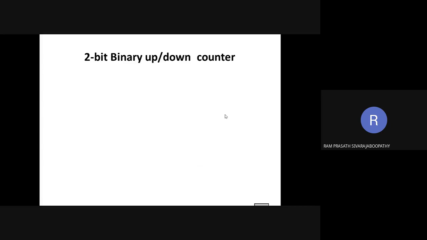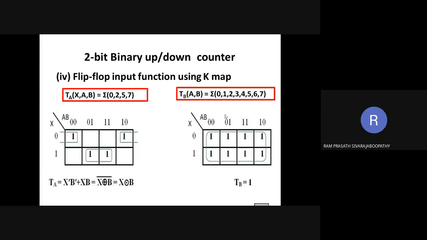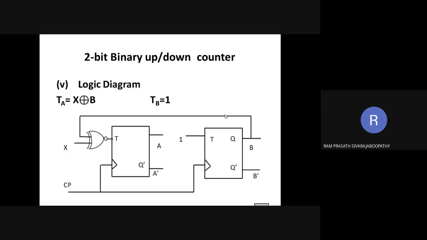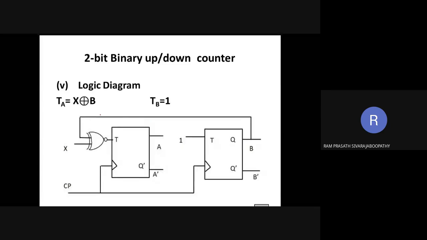Okay, what about for TA? It is X XNOR B. That's all. Or X XOR B whole bar. Clear? So TB is 1. So the final circuit will be here XOR bar. It is not XOR bar.